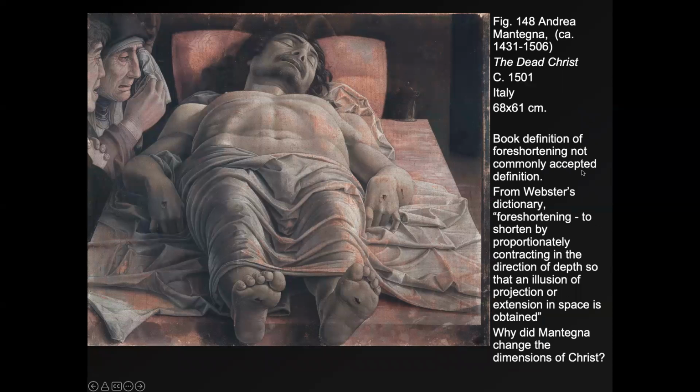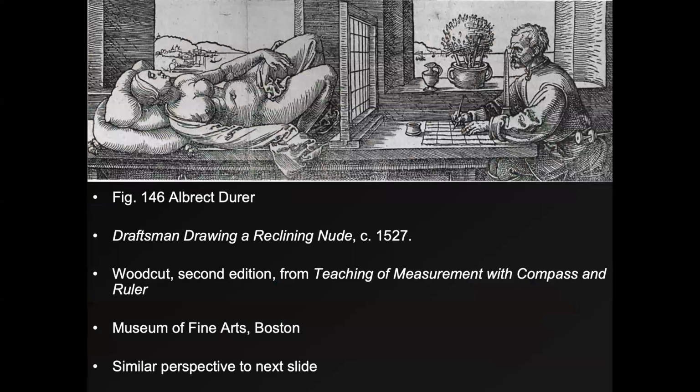But sometimes artists, if they portray things realistically, it'll take away from the subject and it'll take away from the content. So the content's the meaning that they want you to get. So this one, Mantegna's The Dead Christ, if it were to show Jesus portrayed accurately as far as perspective goes, his feet would be taking up the whole frame, just like we had seen in the stereograph previously.